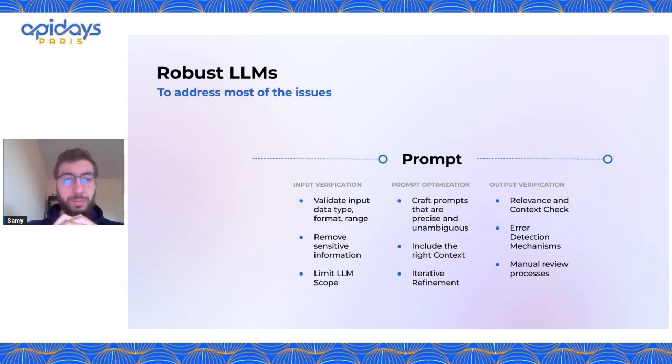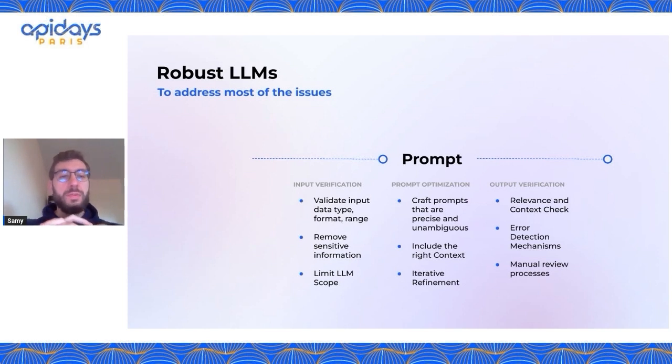So if you're using some prompt, you will need to validate your input data, check that the right information, the right data type are being sent to your language model. You should, as much as possible, remove sensitive information that you don't want to be leaked in the output. And you will want to limit the scope of the LLM.